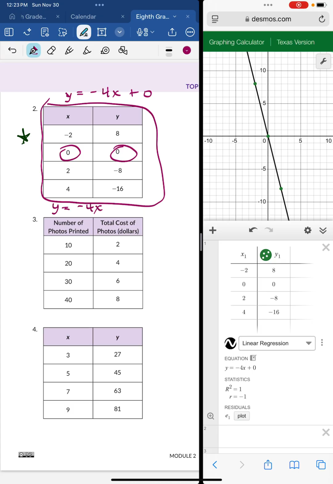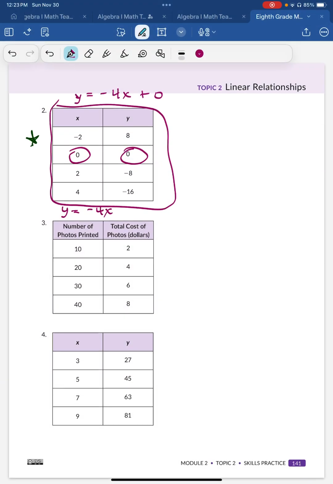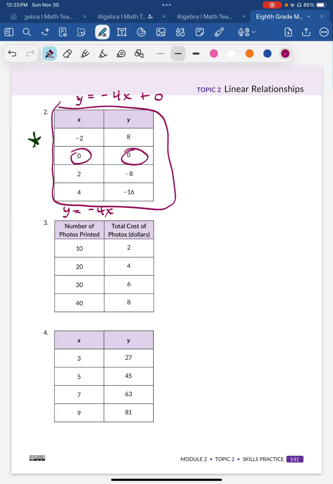We don't have to have the plus 0. But you can find the slope by plugging all of the values in your table into Desmos to make sure that you've got a linear relationship and that it graphs as a straight line. And then that gives you the equation of a line, y equals mx plus b.